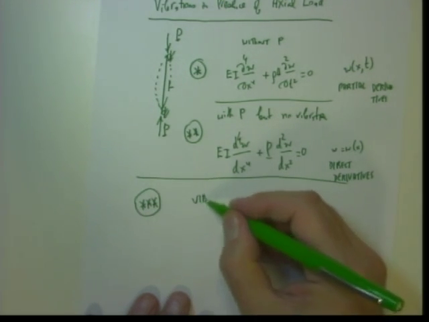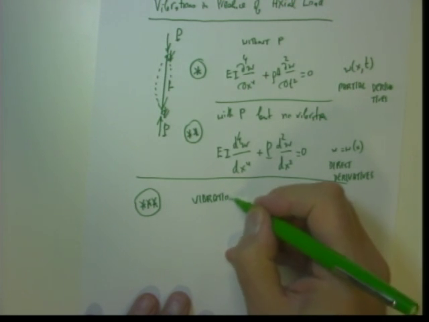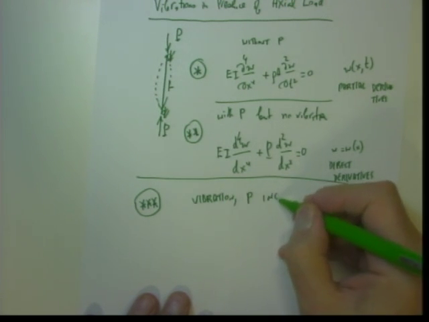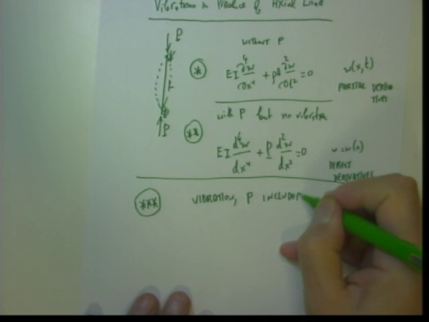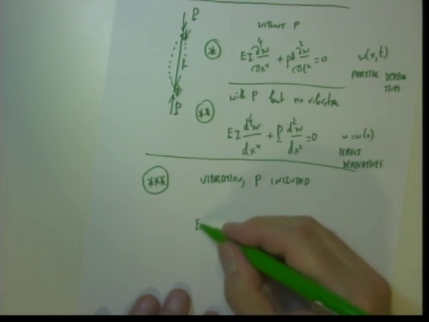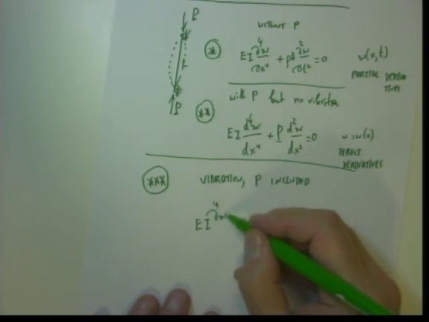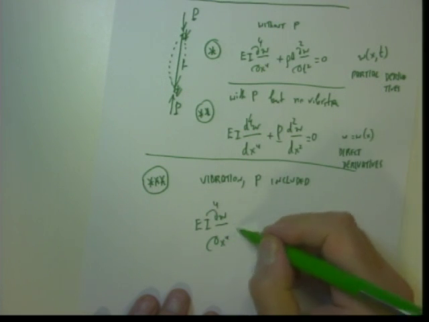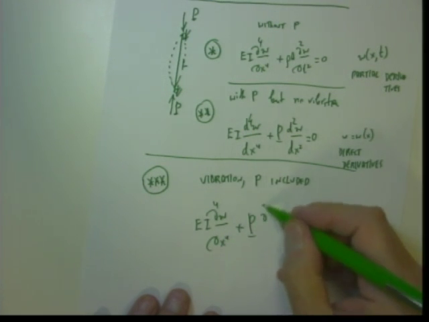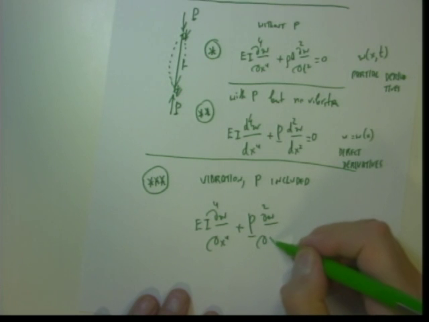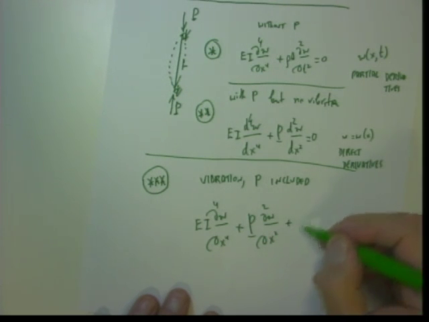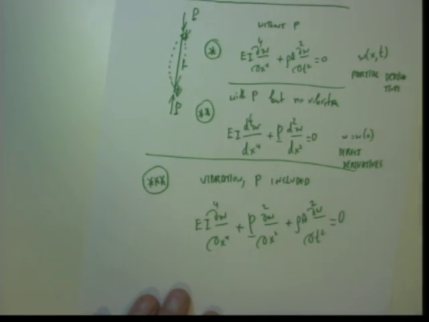And that is vibration with P included. It will be like this: EI fourth derivative of W with respect to x, plus P, second derivative of W with respect to x squared, plus rho A d2W/dt squared equals 0.